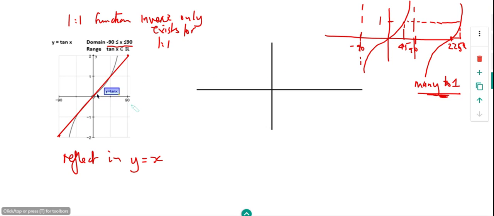So the 90 here is going to go up here, and minus 90 is going to end up down here. And then the 2 is going to be here, and minus 2 is going to be here.